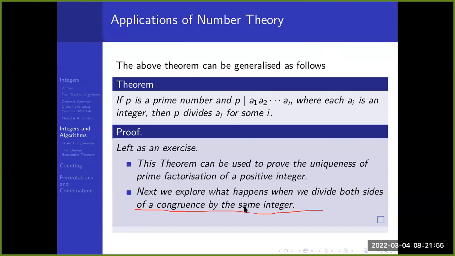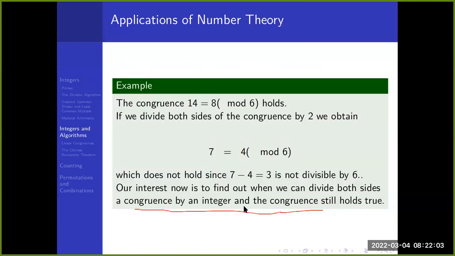So we want to explore this idea. Let's see how it goes. We start with an example to motivate us. Here we have an example. 14 is supposed to be congruent, not equal to. It should be congruent, so these should be 3 parallel lines. You know that 14 is congruent to 8 modulo 6.